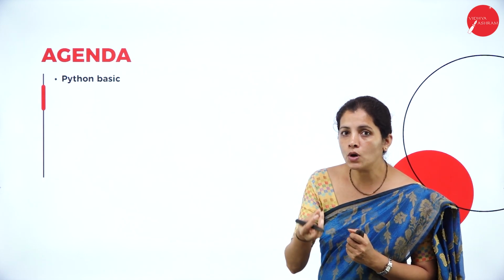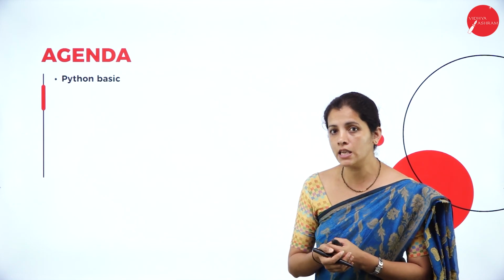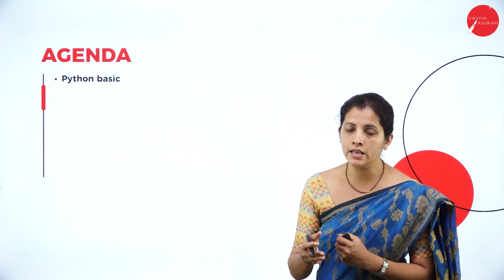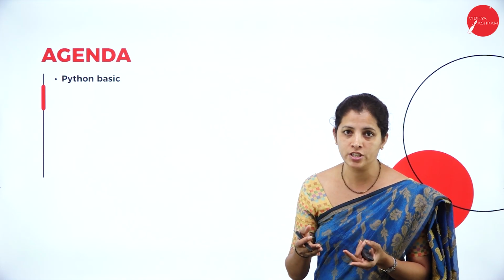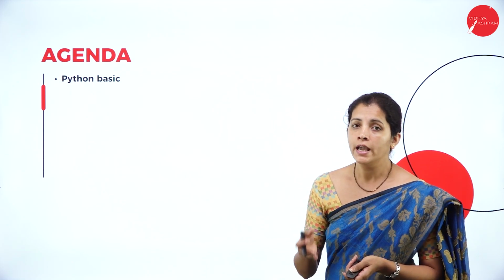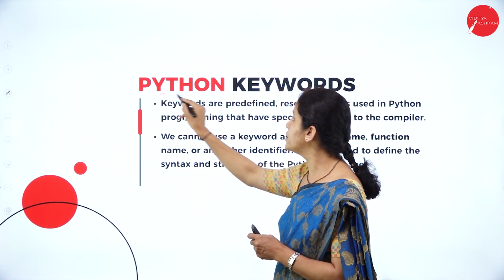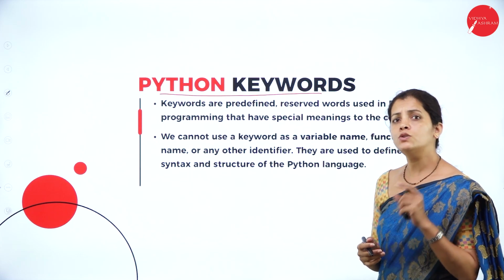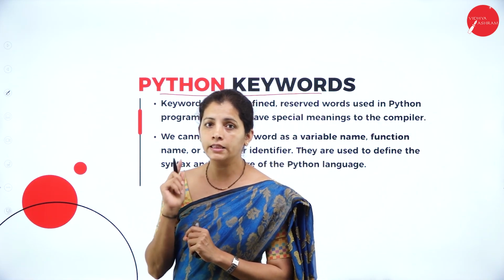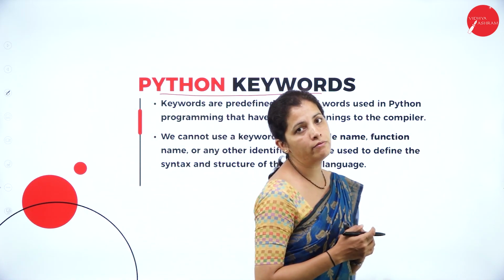Okay, and which are the tokens I'm going to have in Python? That is nothing but the keywords, along with variables, identifiers, statements, expressions, as well as operators, etc. Anyway, in today's session, I'm going to deal with Python keywords. So what is a keyword? Keywords are nothing but the reserved words or predefined words.